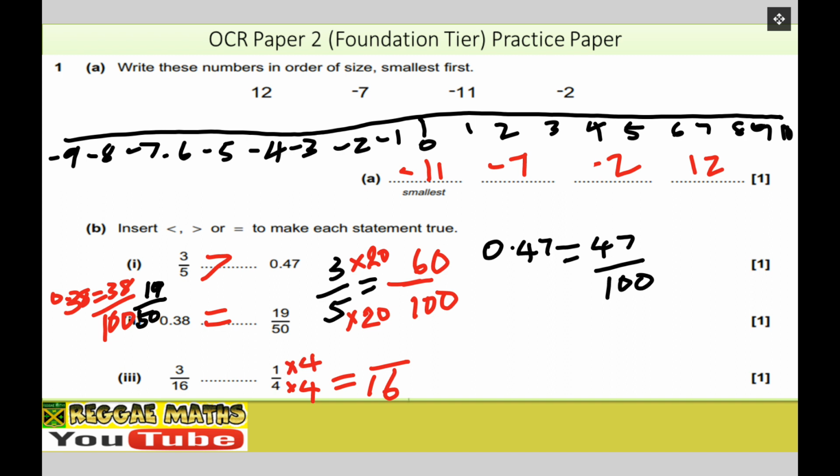So 4 times 1 is 4. A quarter is equivalent to 4 over 16. So you can see that 3/16 is less than a quarter. And this is a 4-mark question.